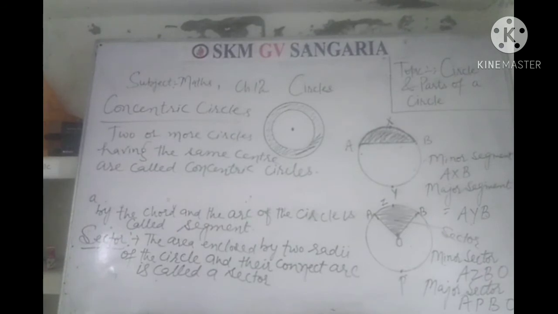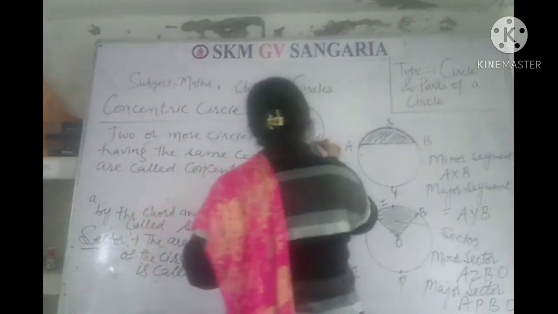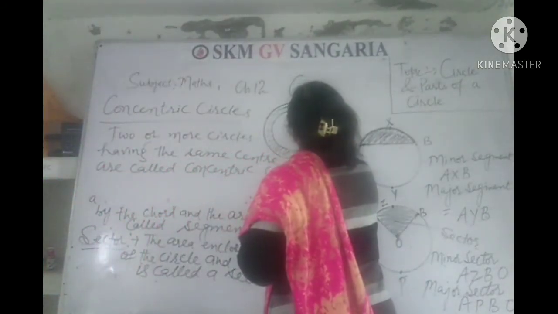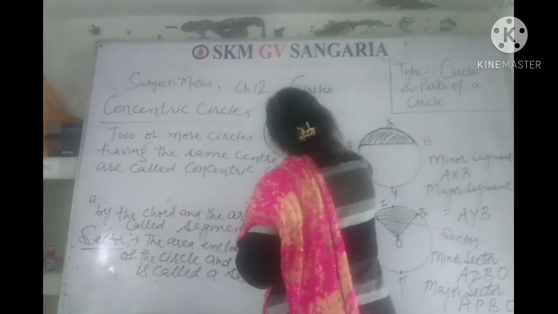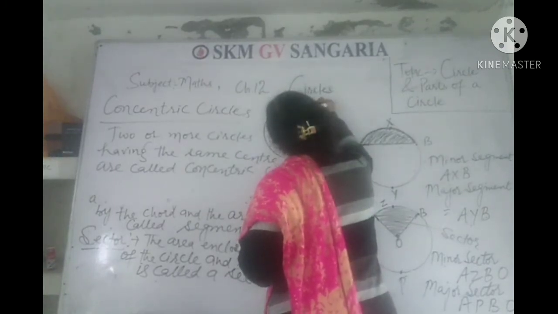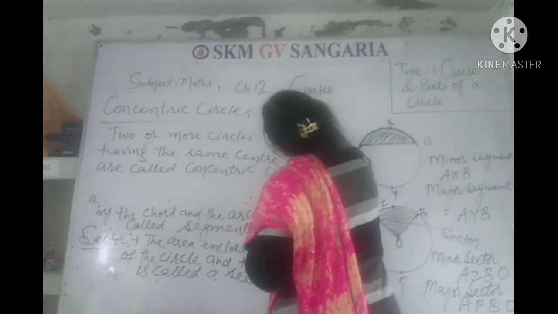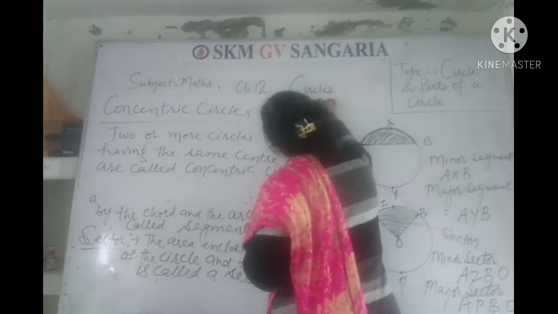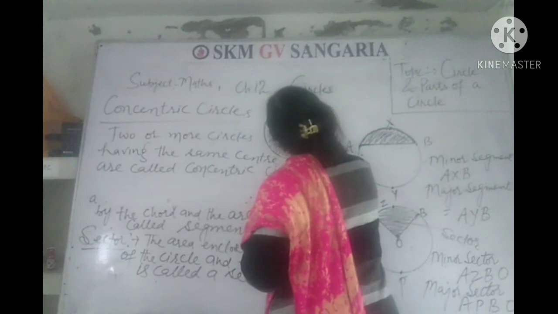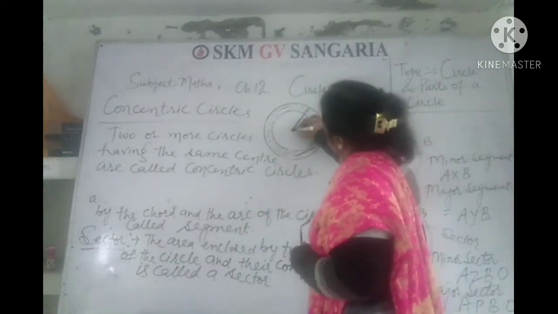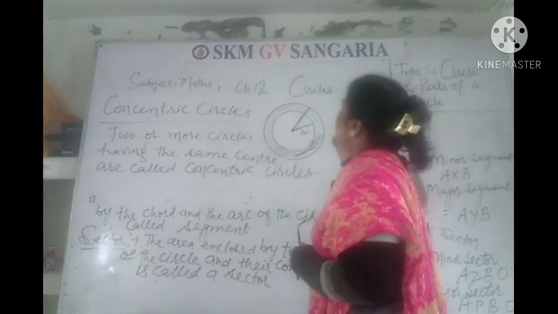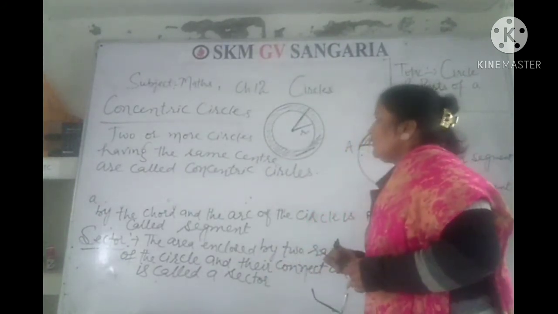The radius of every outer circle is greater than the inner circle. The radius will be different. Here this is R and it is more than the inner one, and the radius will be different.